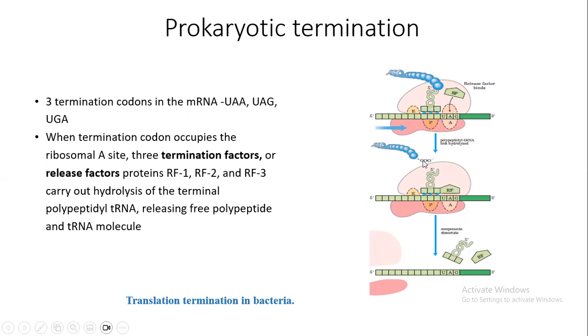As soon as the peptide chain is lost, the entire complex simply dissociates, releasing the messenger RNA, empty transfer RNA, and release factors, and the 30S and the 50S subunits will dissociate, immediately after which the initiation factors can interact with the 30S ribosomal subunit to begin a new translation cycle.